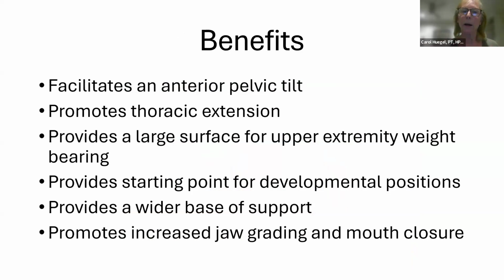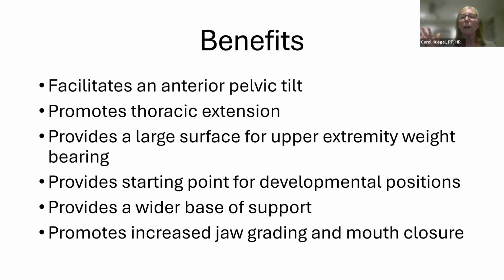With the anterior pelvic tilt tends to come an improvement in thoracic extension. It provides a really wonderful weight-bearing surface for upper extremities, and it can be a starting point for some other developmental positions. And for the speech and language pathologists, think about the increased jaw grading and mouth closure.